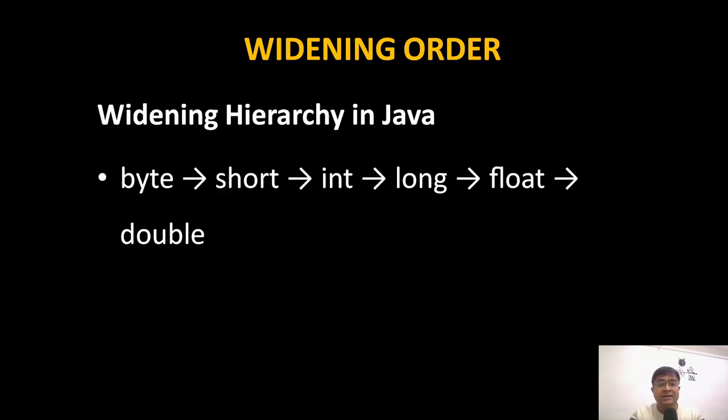Similarly, converting byte to double is also possible. Java allows this because no data is lost here, and this is safe casting. But don't rely on it yet. The danger starts when you go the other direction.